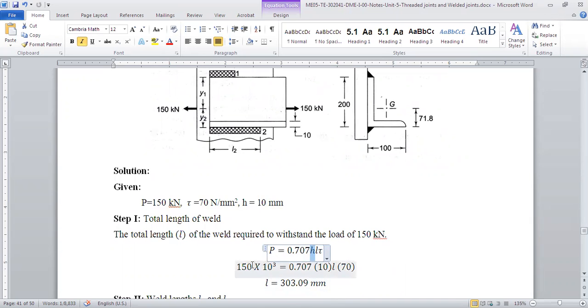So by this formula, we put the value of P, 150 into 10 raised to 3, equals 0.707 into 10 into L, the length we have to calculate. Now this is not length 1 or length 2, this is the total length. Then we have to calculate L1 and L2 individually, but first we find the total length of the weld required.